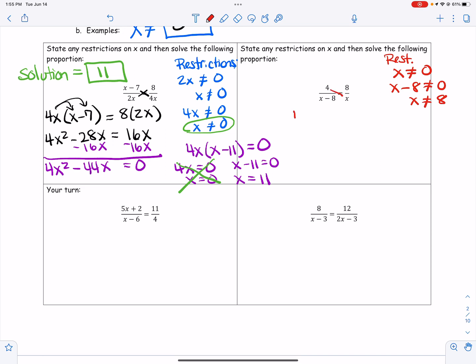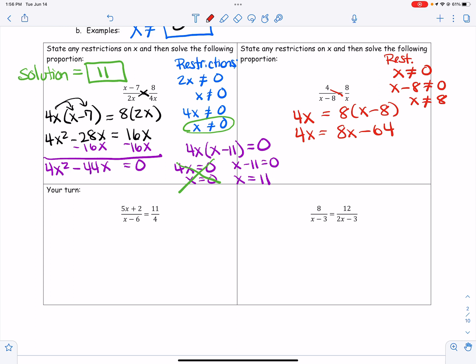So 4 times x is 4x, and that equals 8 times x minus 8. Now, if you can avoid that step of writing it down and go right to 4x equals 8x minus 64, that's perfectly fine. I distributed as I went, and I didn't have to write that intermediate step.